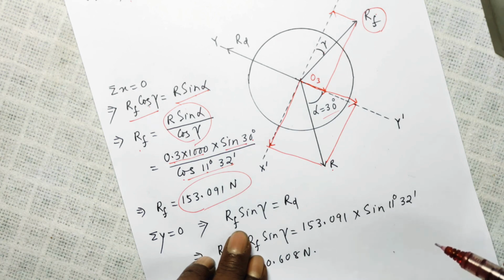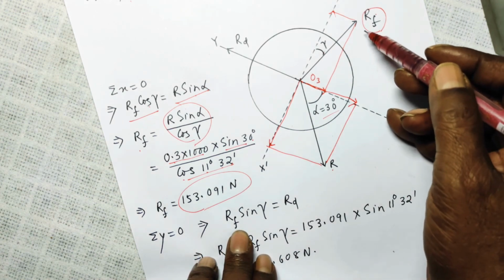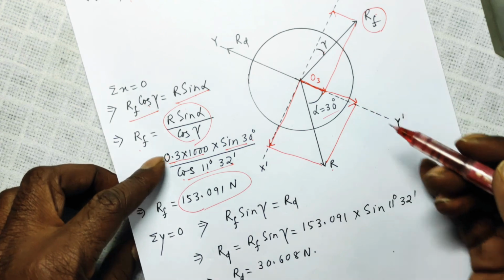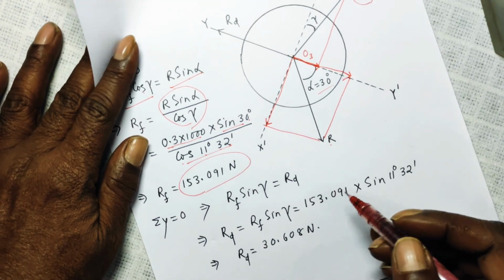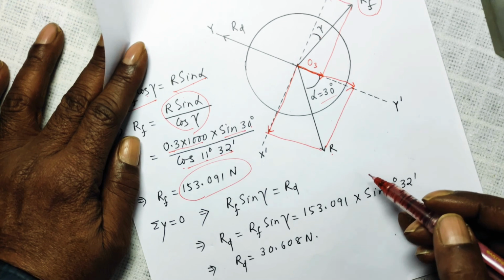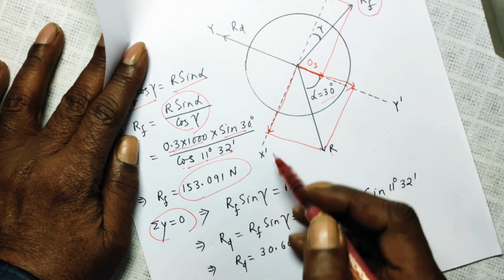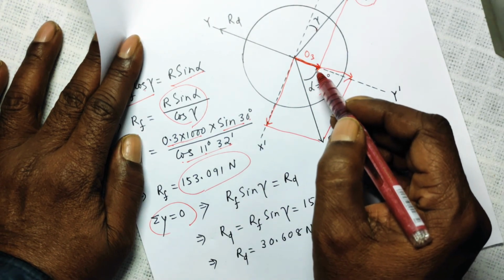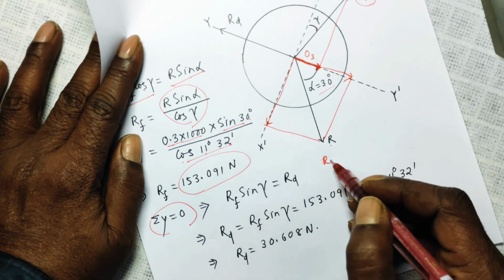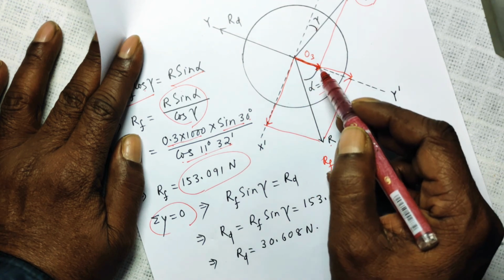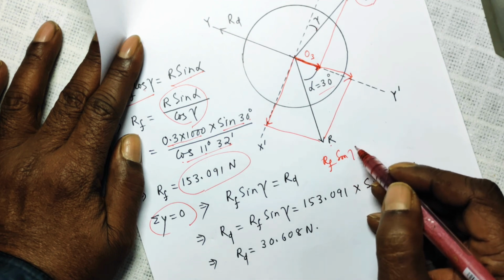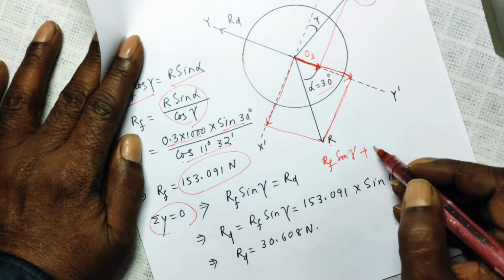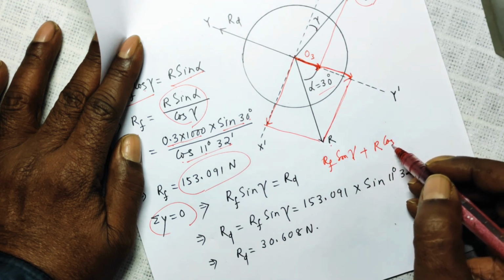Made a mistake probably here. Sigma y on this axis. So, sorry, you have to make changes here. This one is your RF sine gamma, and if you drop a perpendicular, this one will be your R times cos alpha.